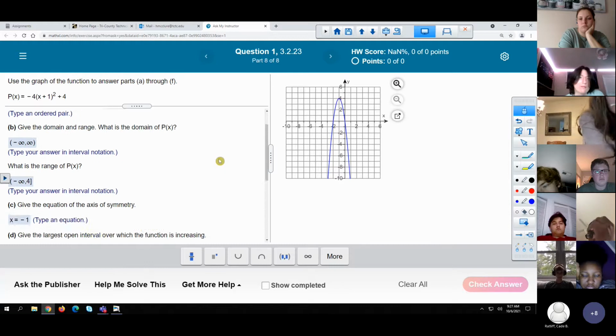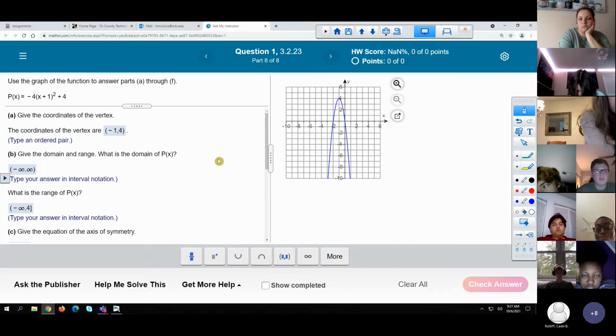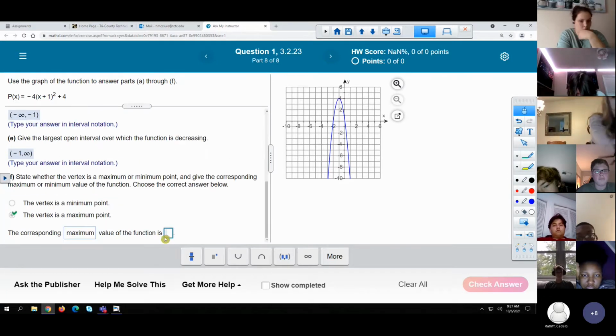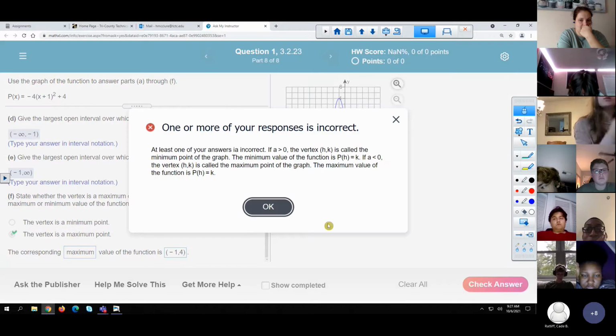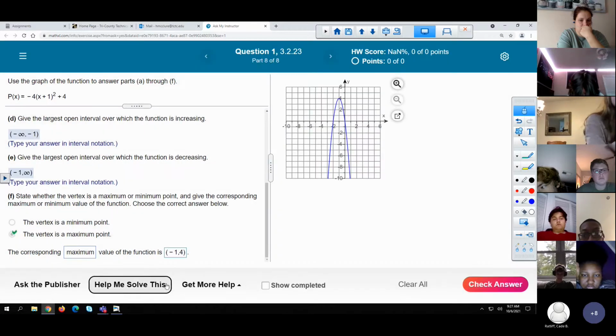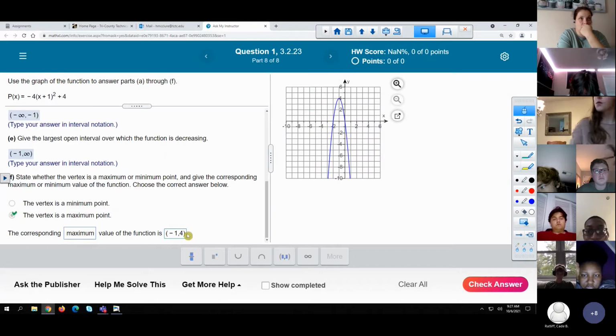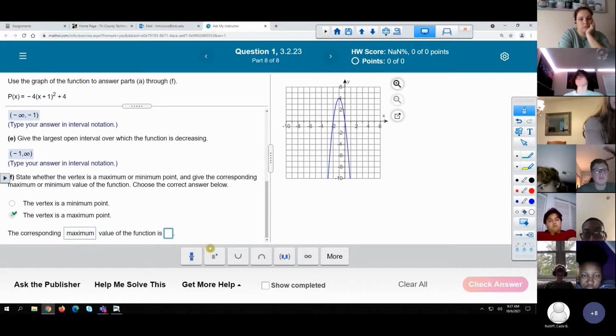Okay, this is a little bit ridiculous. -1, +4. -1, comma. This is a stupid question. They want 4. Yeah, they just want the 4. Maximum Y value is 4.